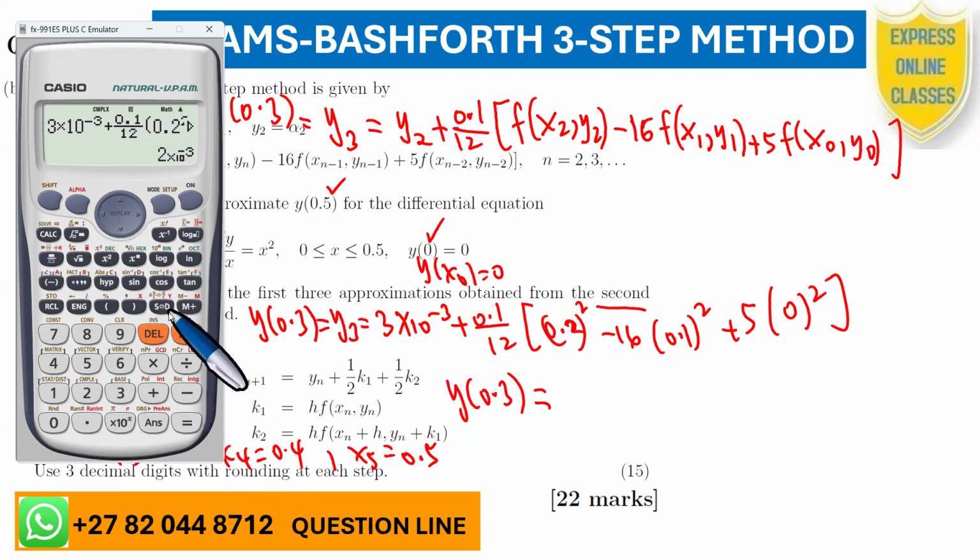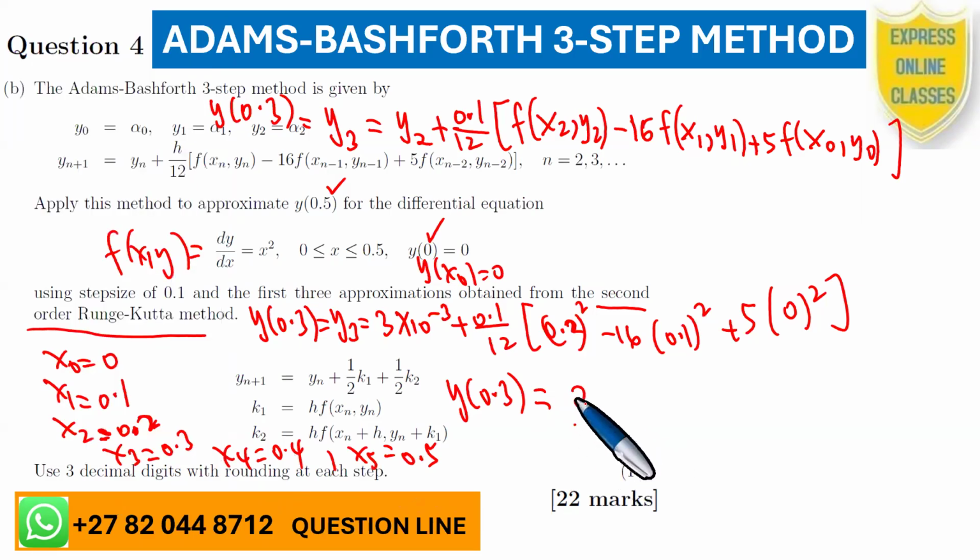Which is 1 divided by 500, which is 2 times 10 to the minus 3.